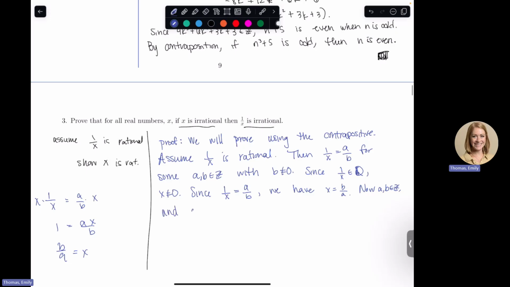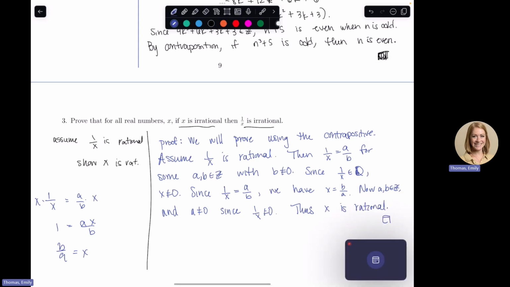And a cannot be 0 since 1 over x can't equal 0 anywhere. Thus, x is rational.